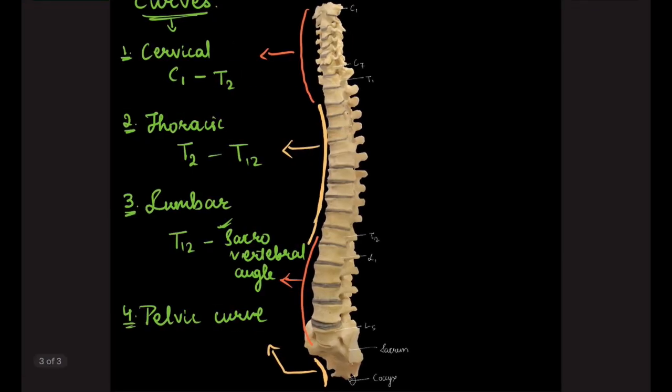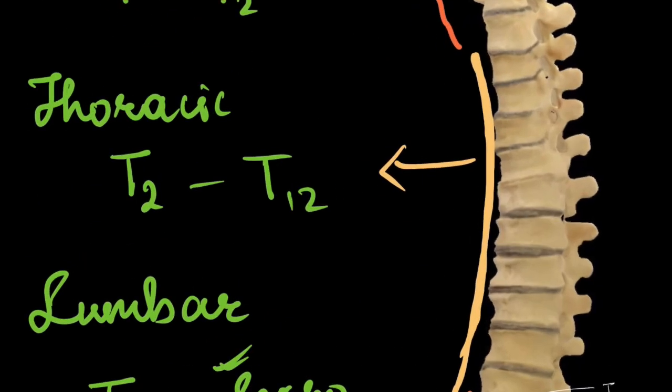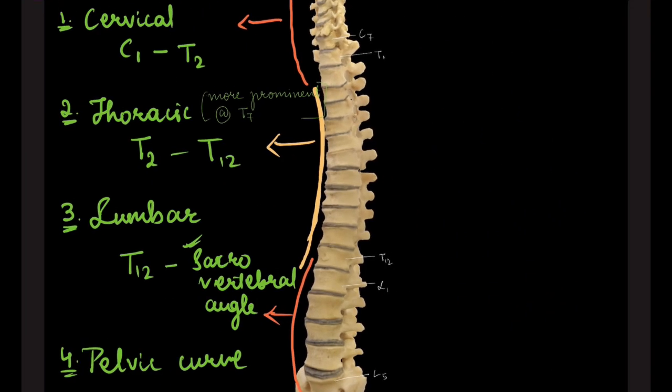Then curves: the cervical curve, which is convex, and the thoracic curve, T2 to T12, but you can find this curve is more prominent at T7.